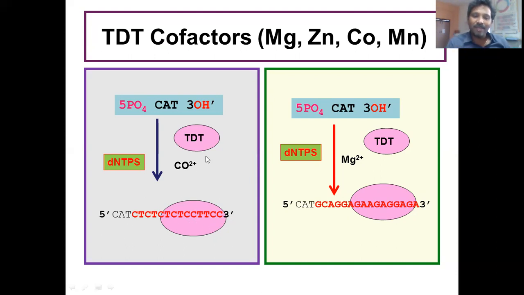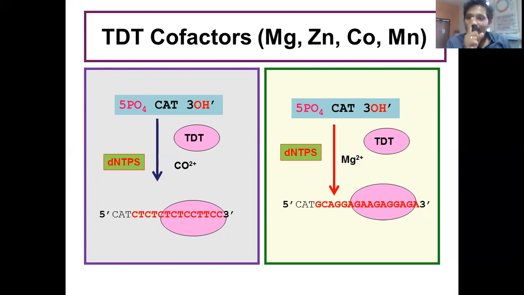Quite opposite to magnesium, when you provide cobalt as a cofactor, pyrimidines are incorporated at the 3' end over the purines. So if you want to add only pyrimidines, you conduct the reaction in the presence of cobalt, and then only cytosine and thymine are added at the 3' end of the initiator complex.